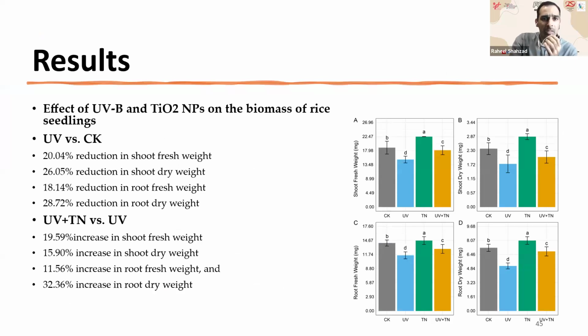So if we talk about the very basic results, it definitely increased the biomass of rice seedlings as compared to the control plants, or as compared to the plants that received only the stress treatment, the UV treatment.